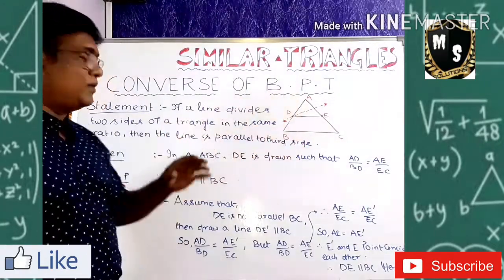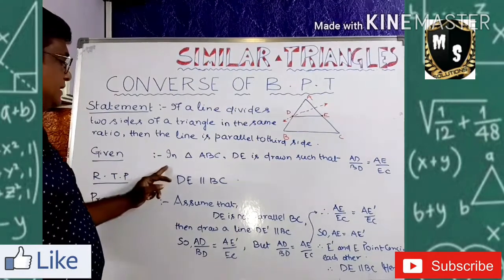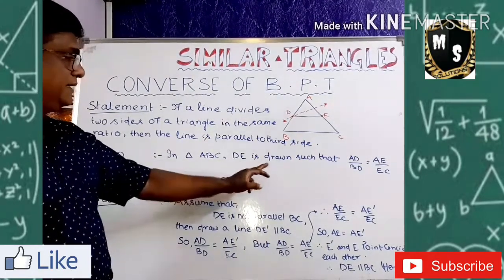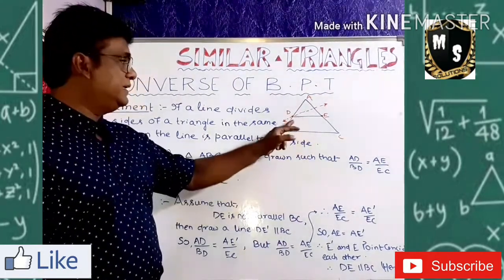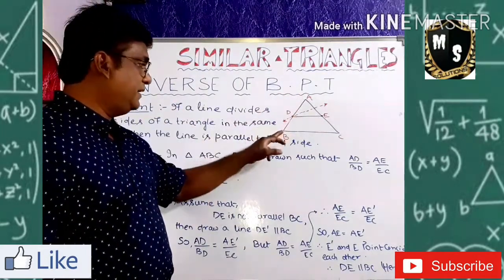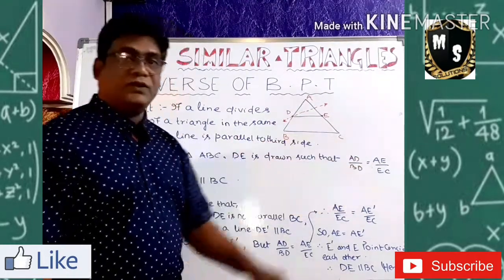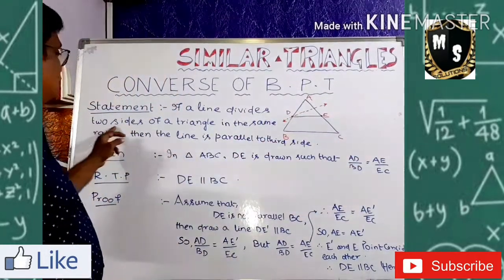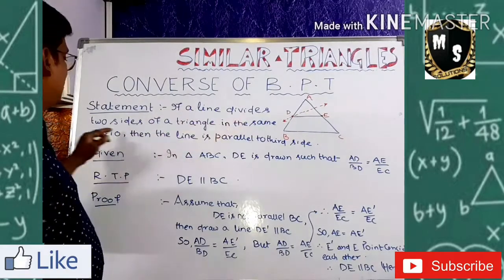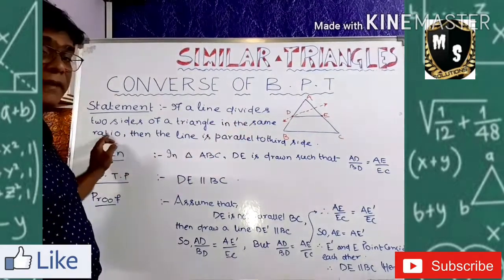Now you see what is given in the statement. Given: in a triangle ABC, DE is drawn such that AD by BD is equal to AE by EC. It is given to you because the line divides two sides of a triangle in the same ratio.